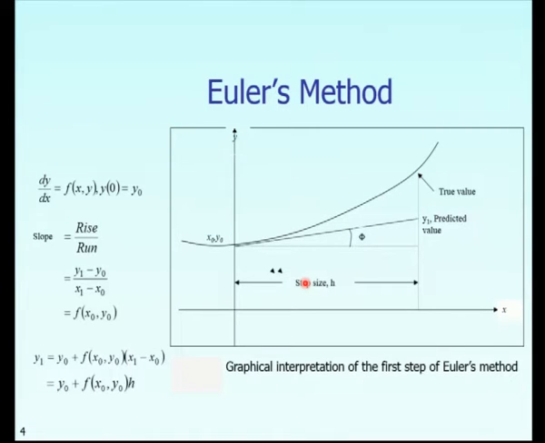The geometric meaning of Euler's method is that this is x naught, this is x 1. We would like to compute the true value of y at x 1, but rather we are computing the predicted value, the approximate value, and this is basically the tangential approximation.